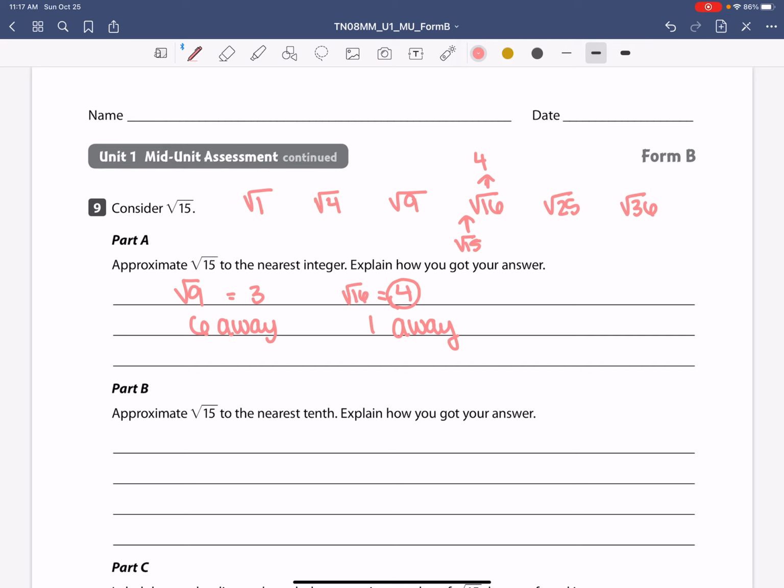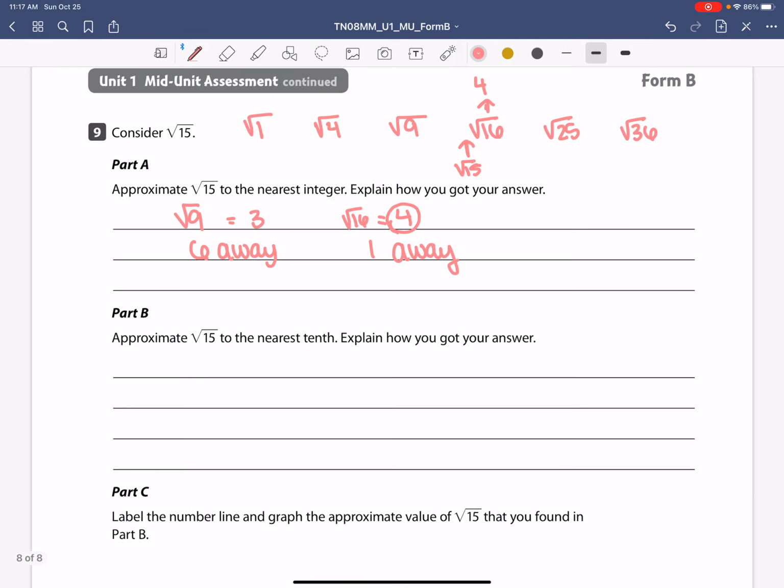Okay. Part B says approximate the square root of 15 to the nearest tenth. Since I said in part A that it's really close to the square root of 16, it's only 1 away, I'll start my approximation about a tenth away.